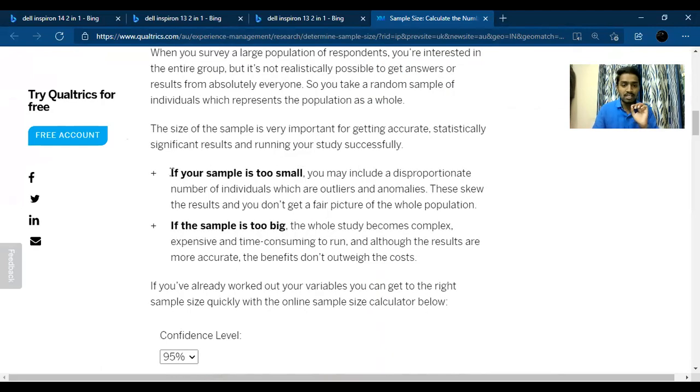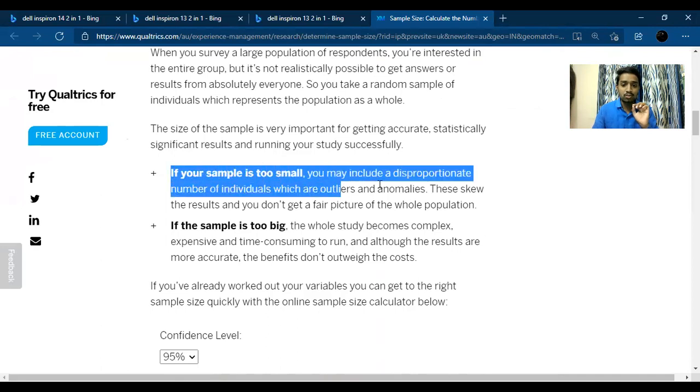Here you can see if your sample size is too small, you may include a disproportionate number of individuals who are outliers and anomalies. So you should make sure that your sample size is not too small. If it's too small, you are not going to get proper, fair results, and your results are going to fail when you apply them to the whole population.